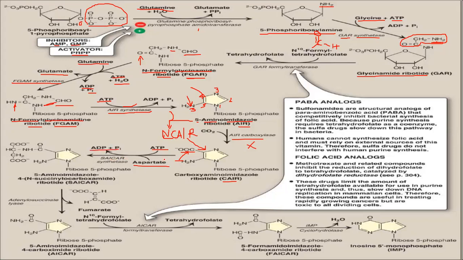You can see this aspartate is added to this carbon, which has one double bond to oxygen and a single bond to another oxygen, which will have a negative charge. It is to this one with the negative charge that the aspartate is added. You can see it is added there.